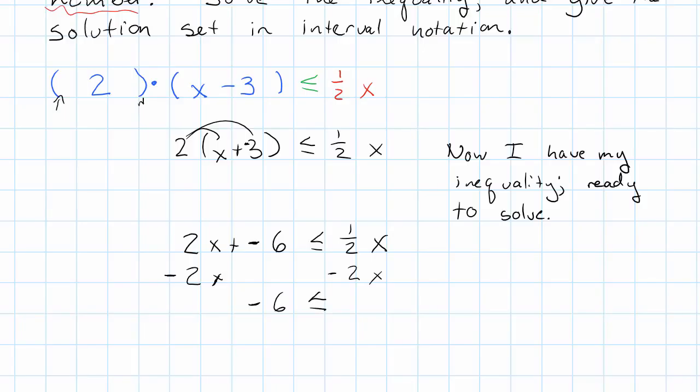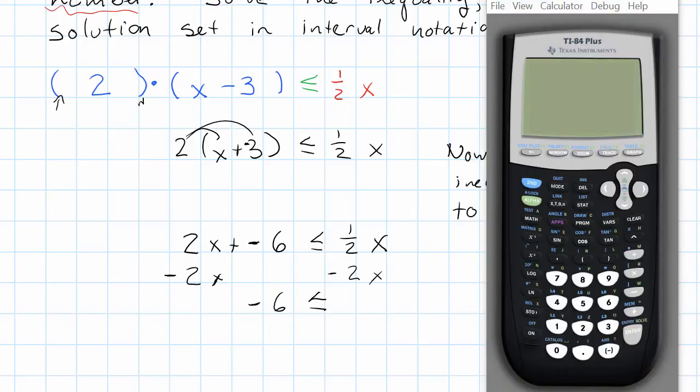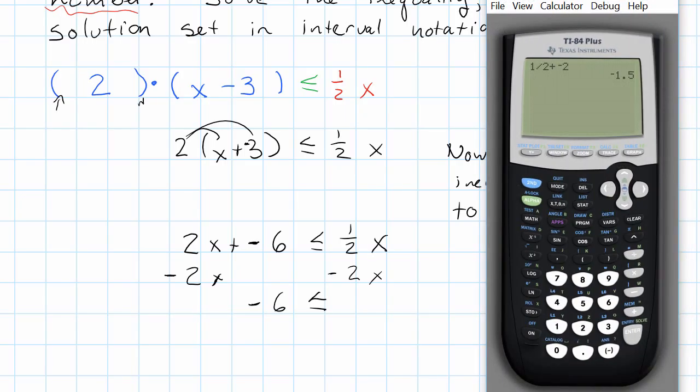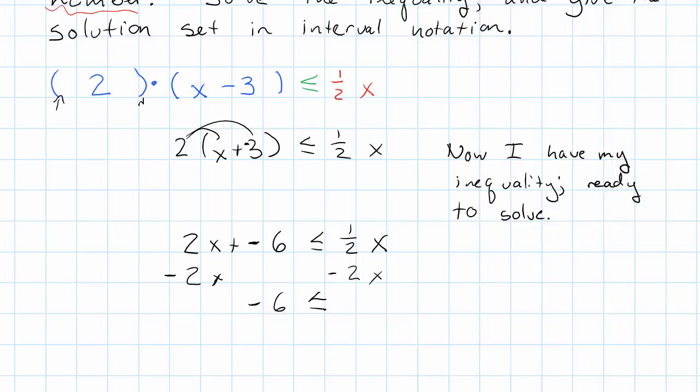On the right, maybe I can work this arithmetic out in my head, otherwise, using the calculator, I can say 1/2 plus negative 2. And I get, I feel like a fraction, negative 3/2 x.